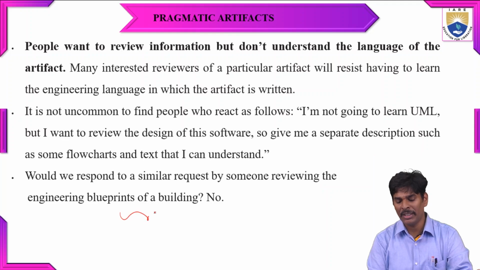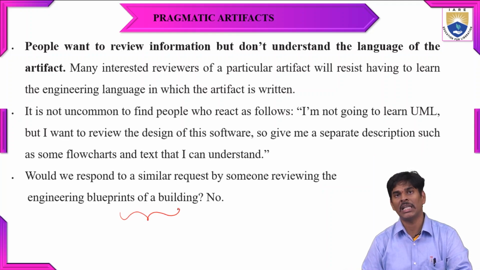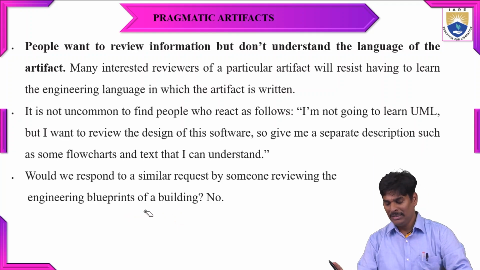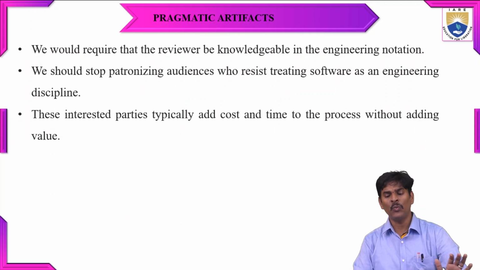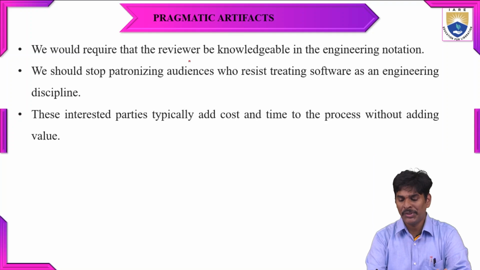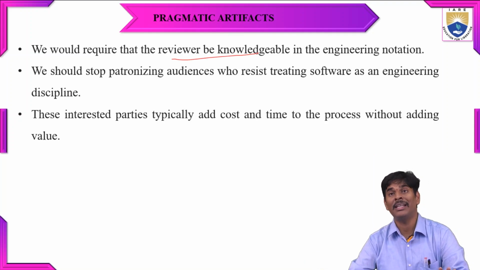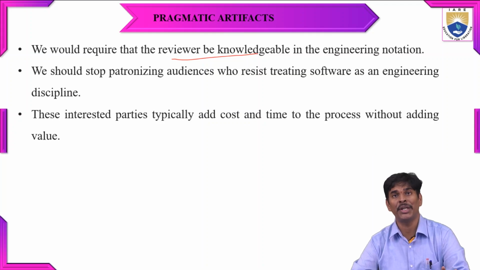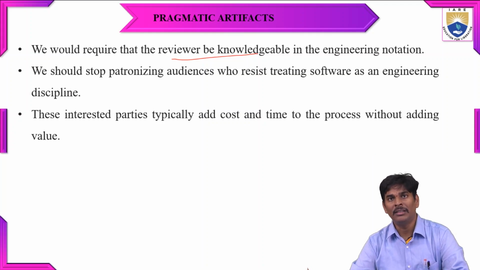A blueprint is nothing but the architecture or the design part. So we need to check that the reviewer is knowledgeable. They need to understand some engineering notations, and they should have some engineering discipline to check whether the information is correct or not.